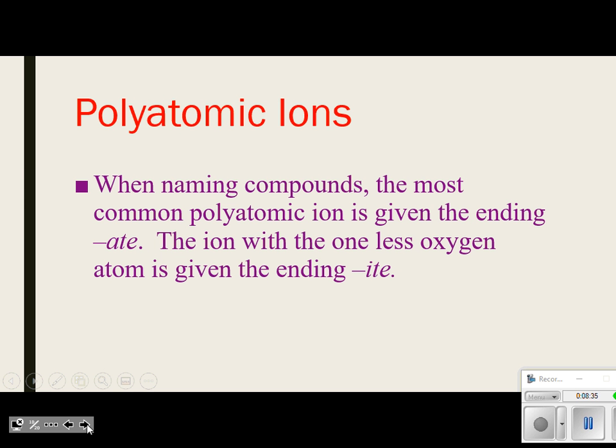Now, the final thing we're going to discuss today, before we get into some naming formulas, are polyatomic ions. When naming compounds, the most common polyatomic ion is given the ending ATE. If we take one oxygen off of that, it will give us the ITE. So the most common one, ATE, subtracting the oxygen gives us the ITE.